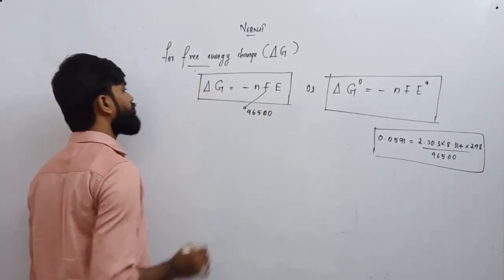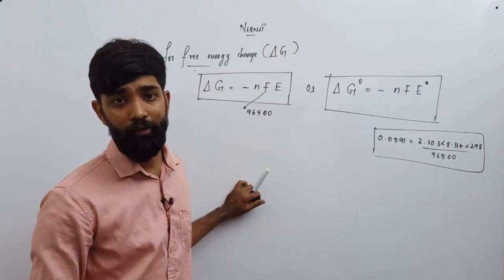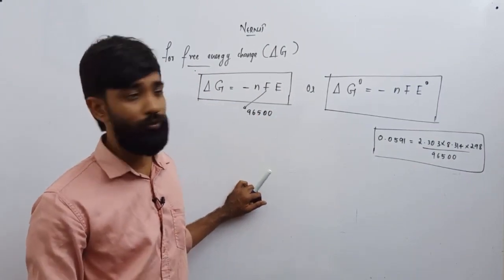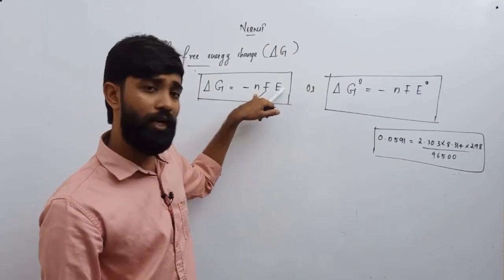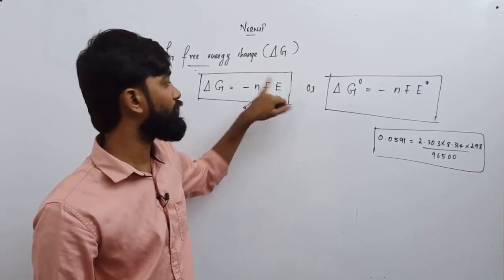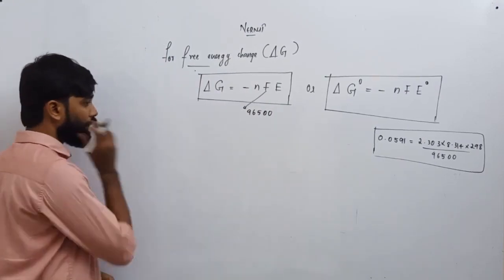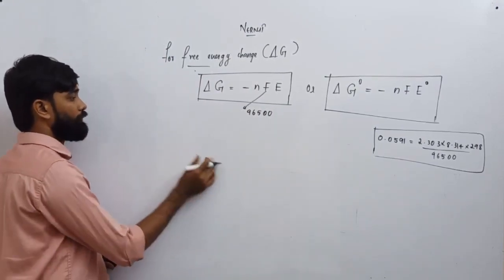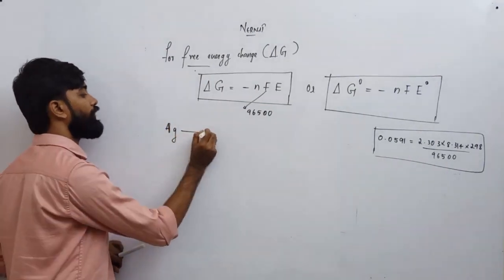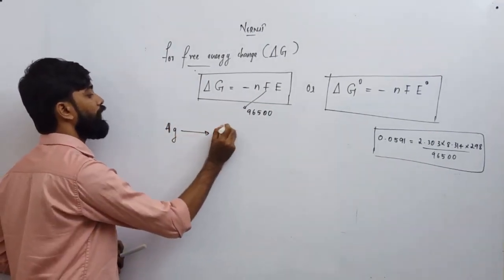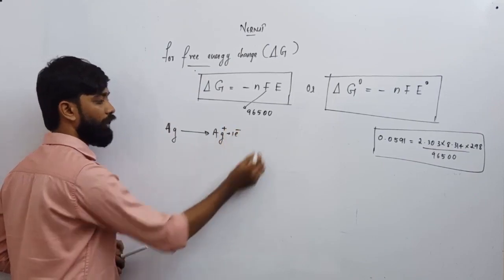So the expression for delta G is delta G equals minus nFE. E means the EMF of that cell, or E cell. n is the number of electrons involved in that reaction. F is the Faraday constant. Okay, but listen here. If I have a reaction, Ag gives Ag+ plus 1 electron.